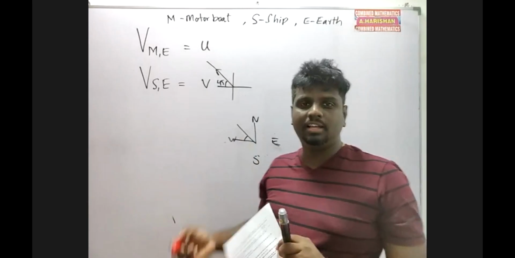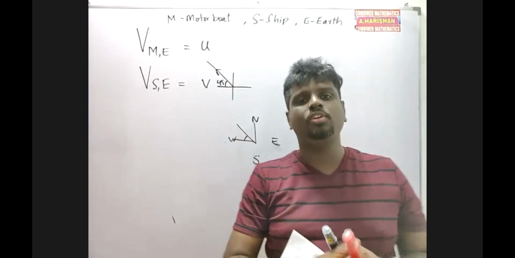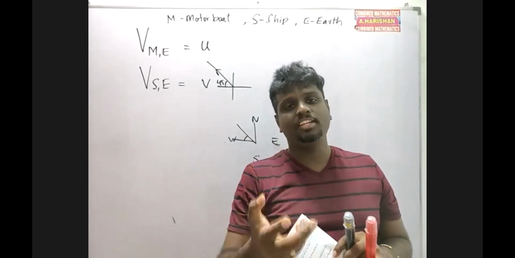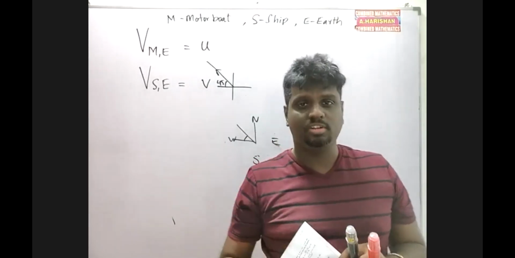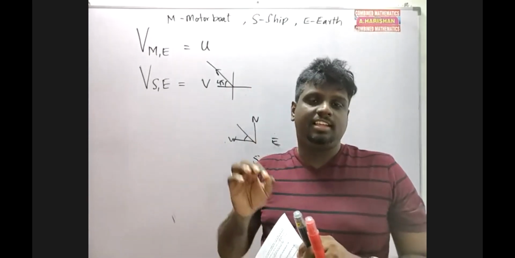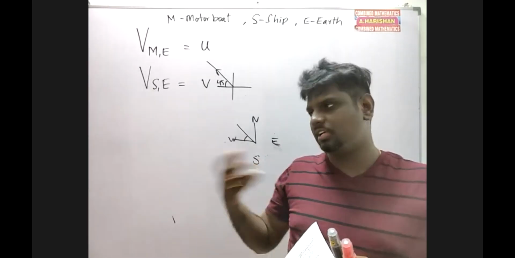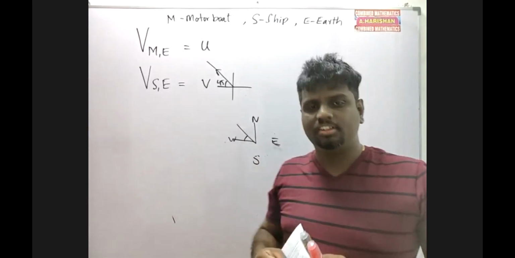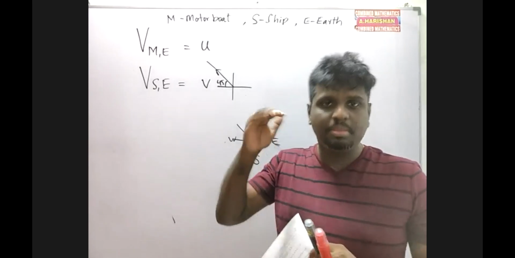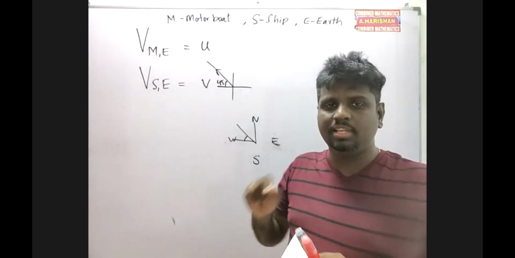Later we will mark it. Velocity is a vector, it has magnitude and direction. At the beginning, since you are beginners learning relative velocity from the start, I'm going to introduce this right now.